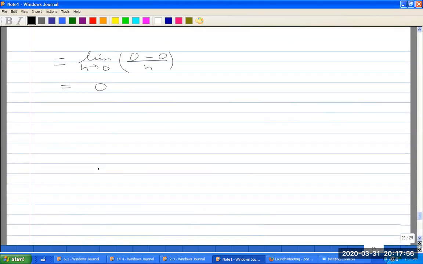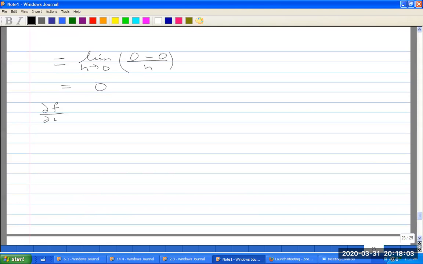Let's do the other partial. So this is the partial of f with respect to y at the origin. And so if I do that, this is the limit as k goes to 0, f of 0, 0 plus k, minus f of 0, 0, over k.